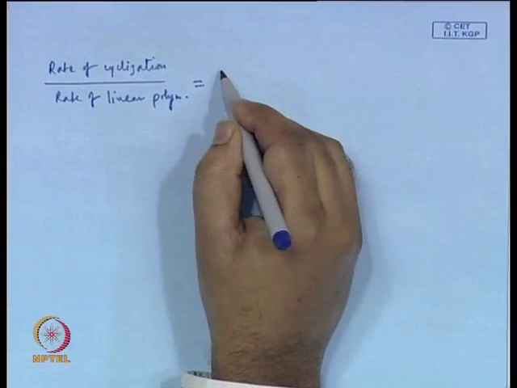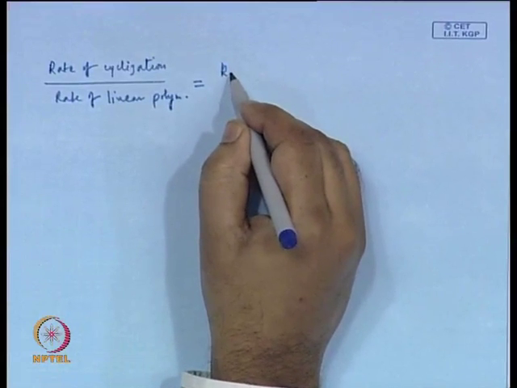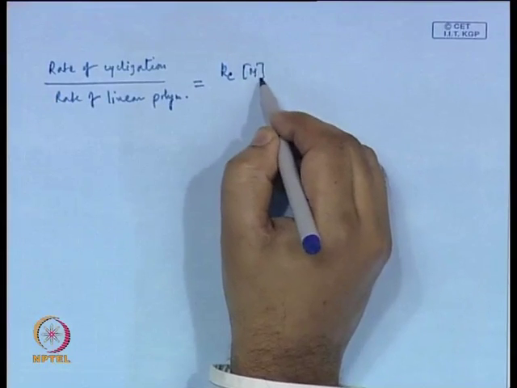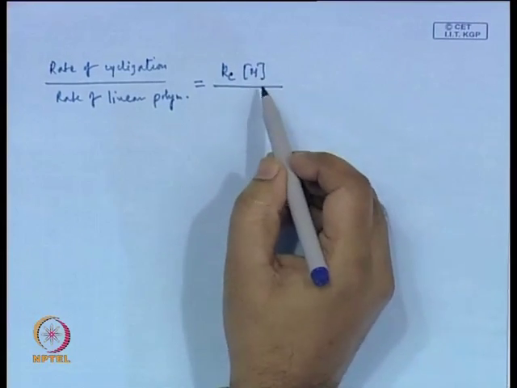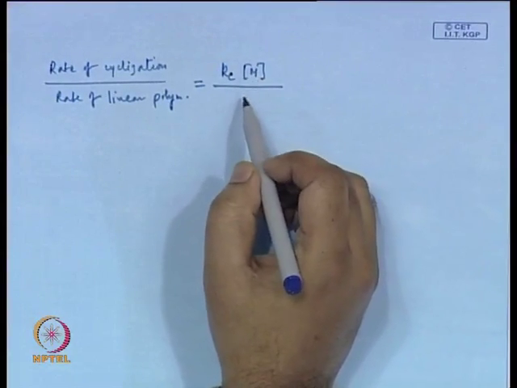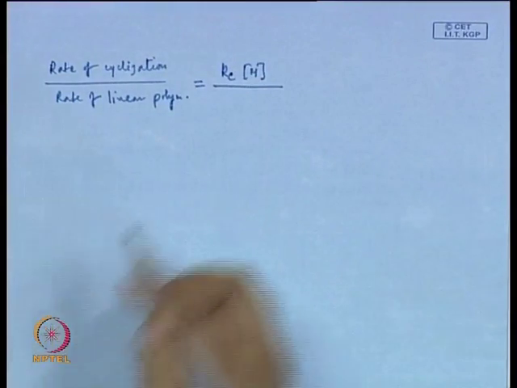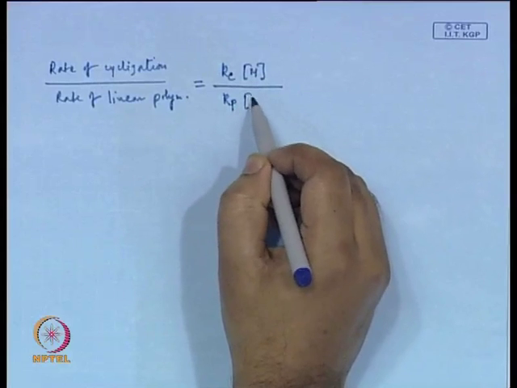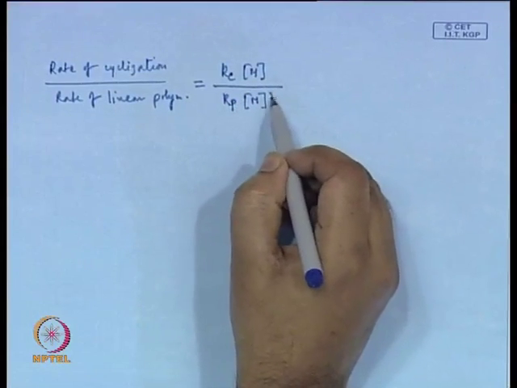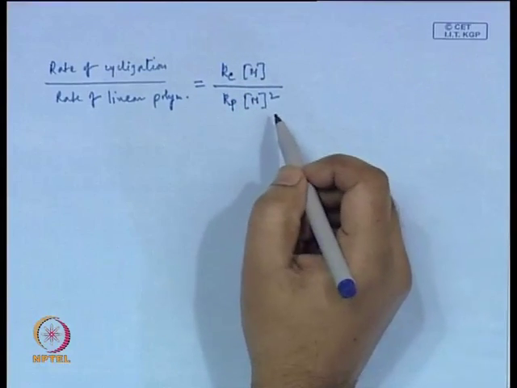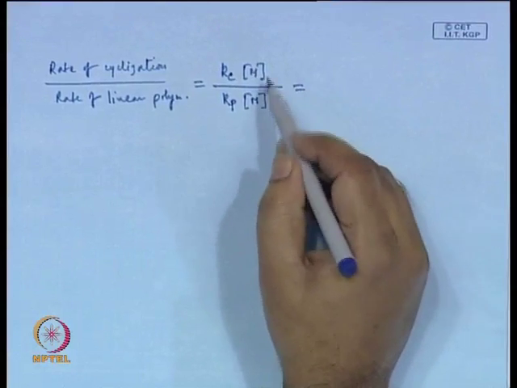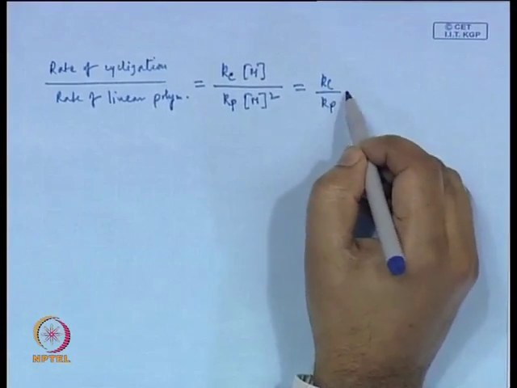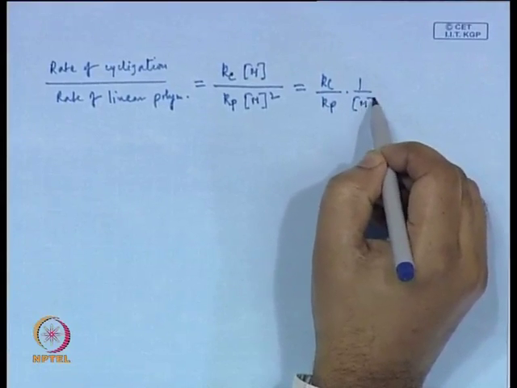It is Kc, the rate constant for cyclization, times the concentration, because it is a unimolecular, intramolecular reaction. And the rate of polymerization is Kp times M square, because it is a bimolecular reaction. So, this gives us Kc by Kp times 1 by M.